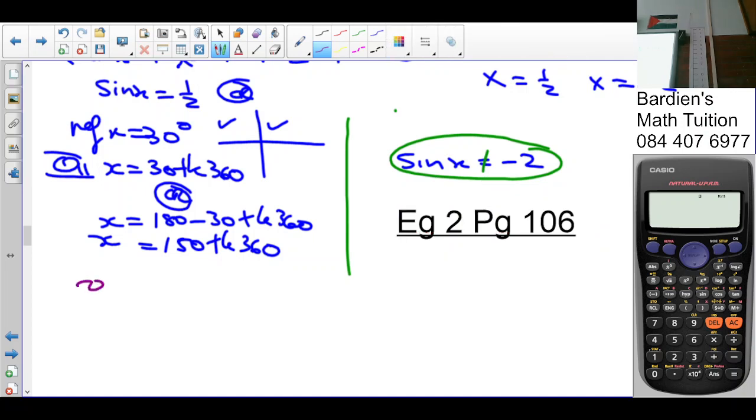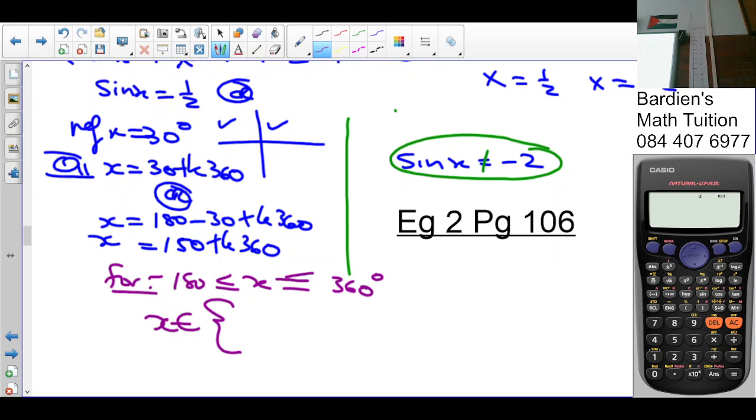For x being greater than or equal to negative 180 but less than or equal to 360 degrees, we now say x is an element of.